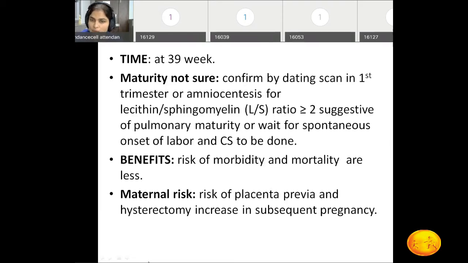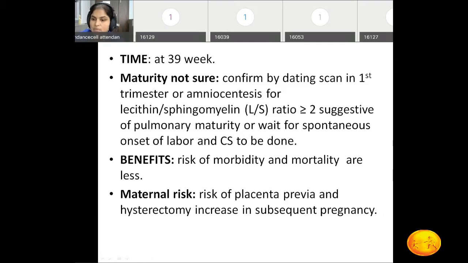Mortality is a risk in cases of placenta previa and abruption. Some of these patients may be severely anemic, PPH may be the cause, so mortality can be related to that. Then there is maternal risk: a risk of placenta previa and hysterectomies.